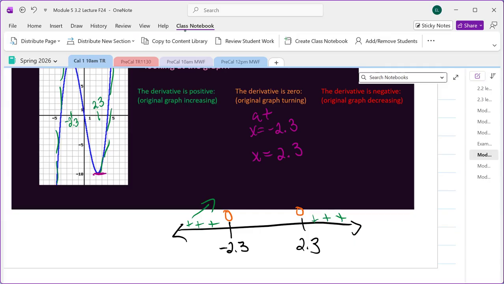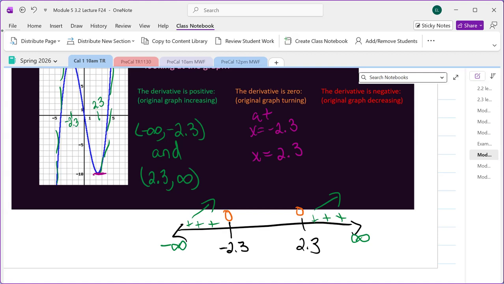The same thing, everything after +2.3, upward slope. So our intervals here, we're going to say from -infinity to -2.3, and I'm going to write the word and, 2.3 to infinity.